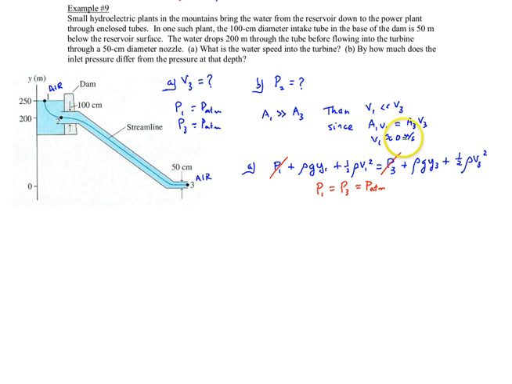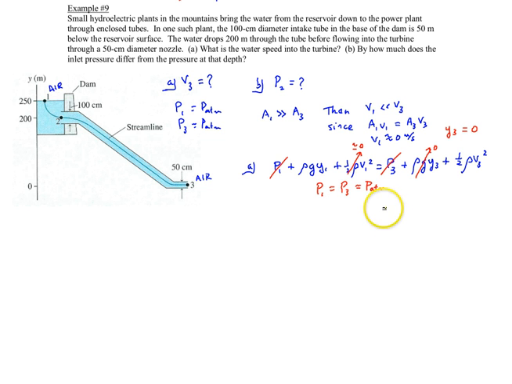We also have that velocity at 1 is approximately 0. So that means this term right here is going to go to 0. Then we make a simplification here in that we have two vertical heights, y1, which would be the distance from here to here, and y3 is this distance. Now, I would assume that the lowest position, y3, is 0. So that means that this term will go to 0 because y3 equals 0.